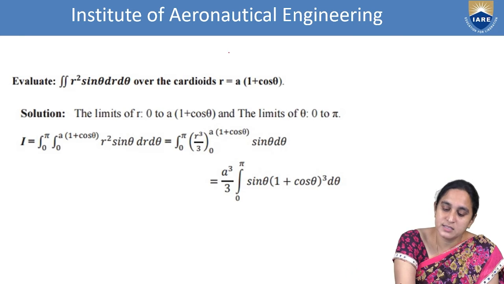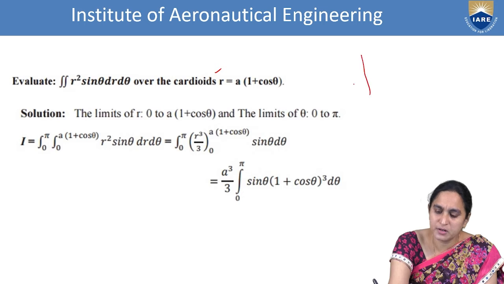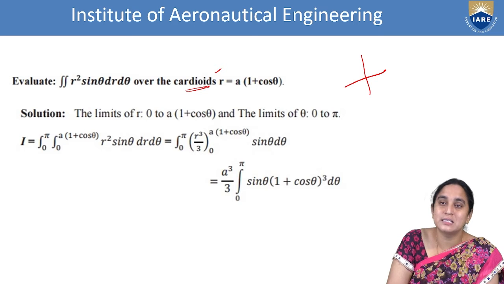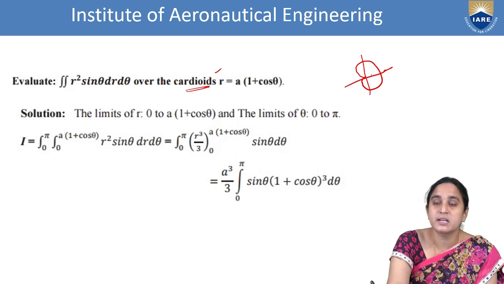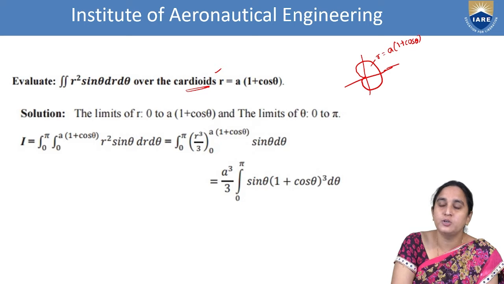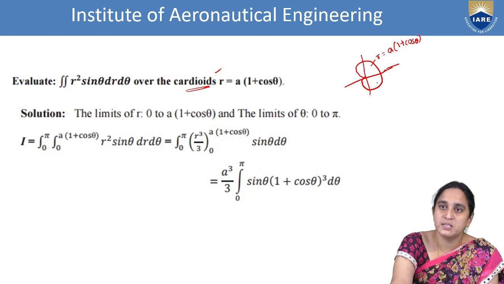Here the cardioid radius is r is equal to a into 1 plus cos theta. What is the diagram of a cardioid? Cardioid, by the name itself, means a heart shape. Here the radius is r is equal to a into 1 plus cos theta. From that, what are the limits for r? r is from 0 to a into 1 plus cos theta.